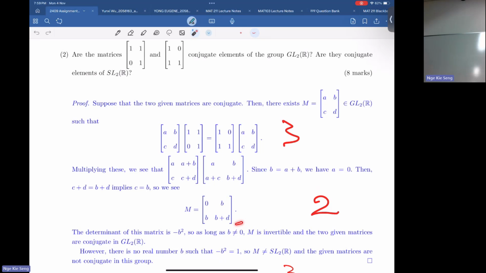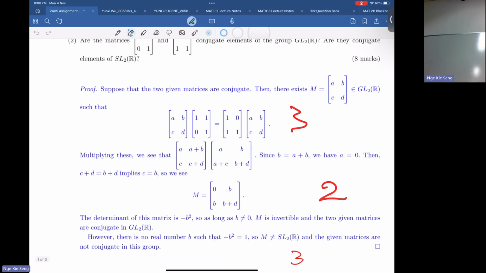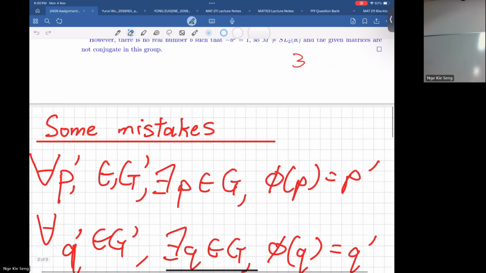So they are conjugate with infinitely many choices, as long as B is not 0. But can you make sure that minus B squared equals 1 in the reals? You cannot, right? You only have B equal to the complex number i, but i is not in the real numbers. So they are not conjugate in SL2.